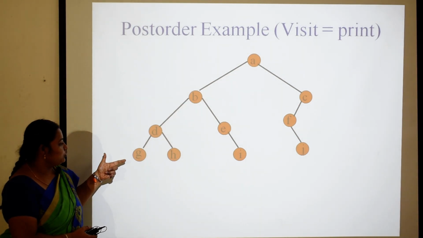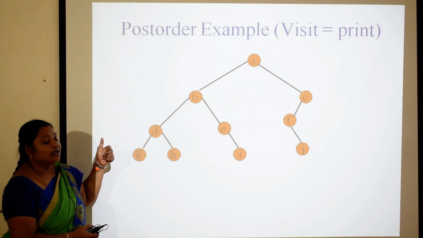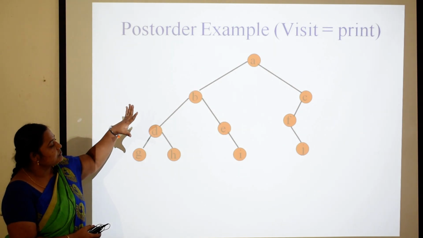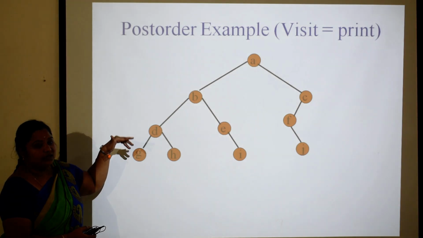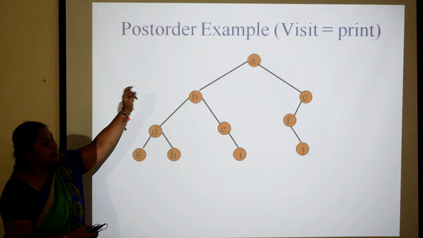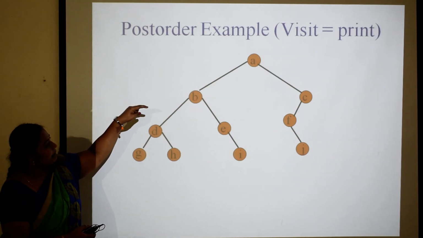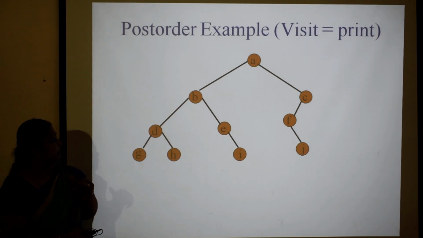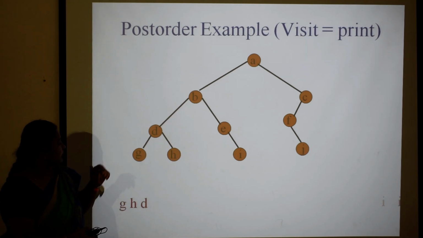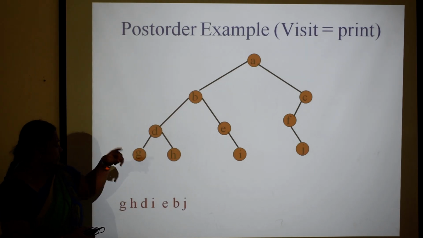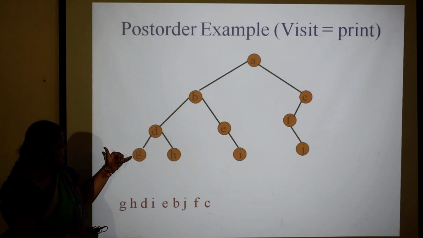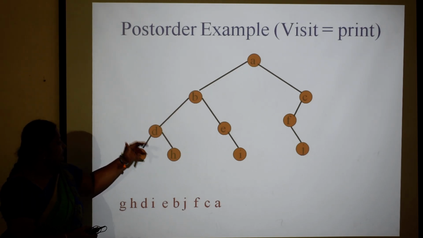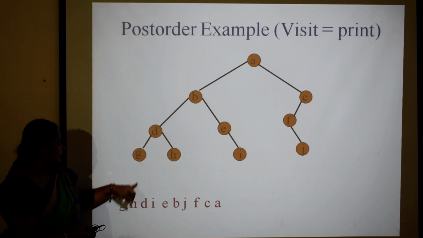In this, first we print the left child, then the right child, then the node. So it prints G, H and D. It travels from A to B. It starts from the root node. It prints first the B node, then the C node. Likewise, it prints the leftmost left child, then the right child, then the parent.